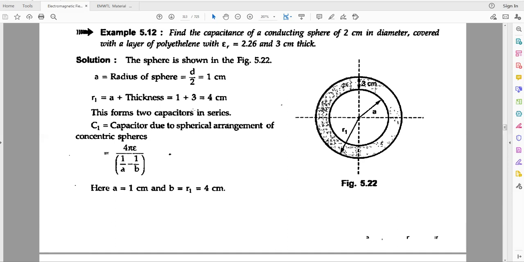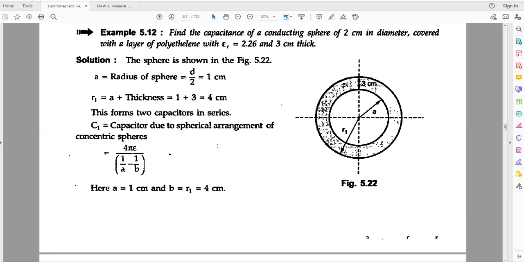This forms two capacitors in series. C1 is the capacitance of the spherical arrangement of concentric spheres: 4 pi epsilon by 1 by A minus 1 by B, where A is 1 centimeter and B, including the thickness, is R1, 4 centimeters.